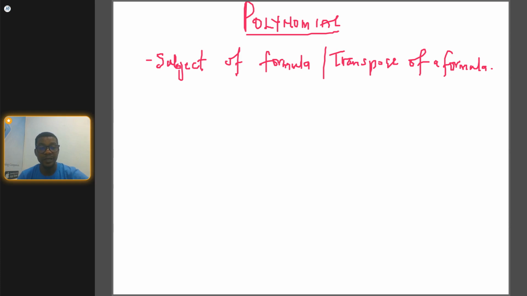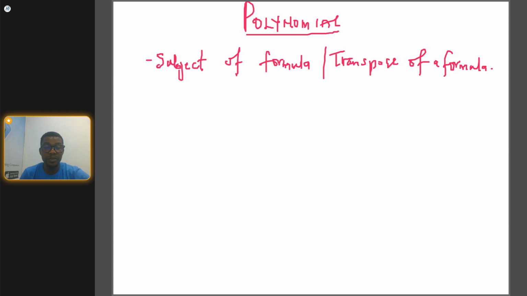Bringing it to mathematics, when you hear the word subject, it has to do with the variable of focus. In every expression in mathematics, if it is a formula, there's always a variable of focus. And what I mean by variable is a letter, an alphabet in mathematics.